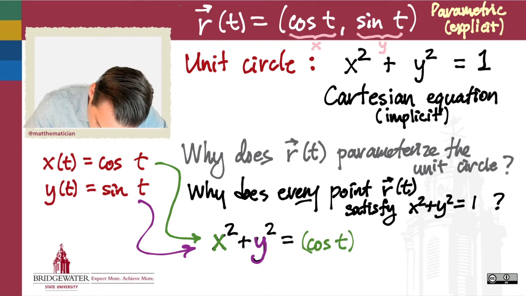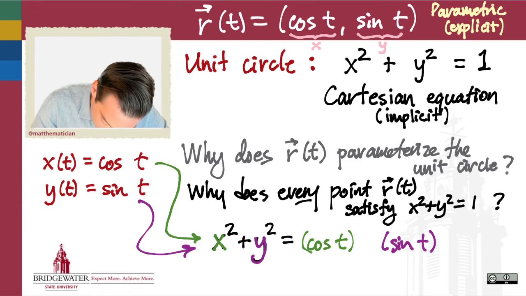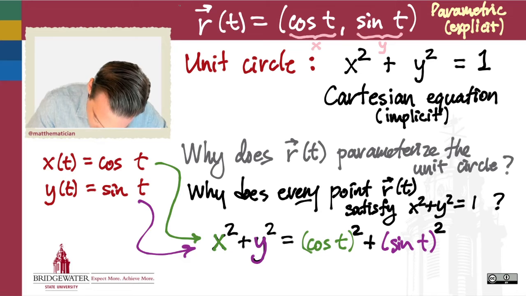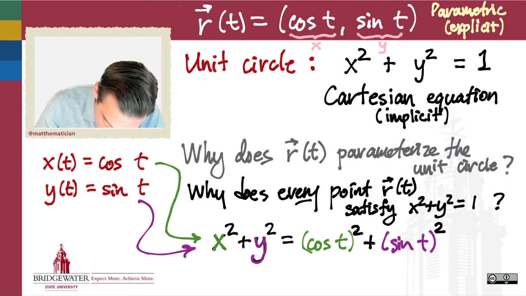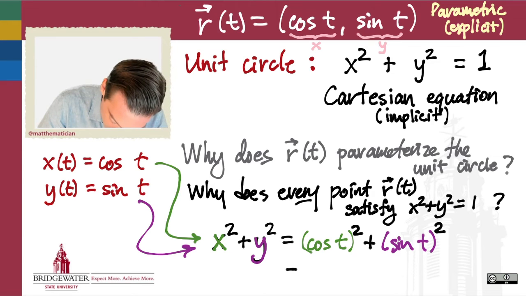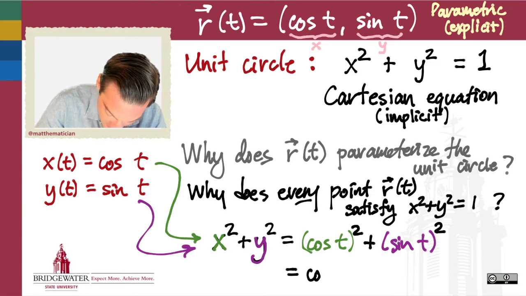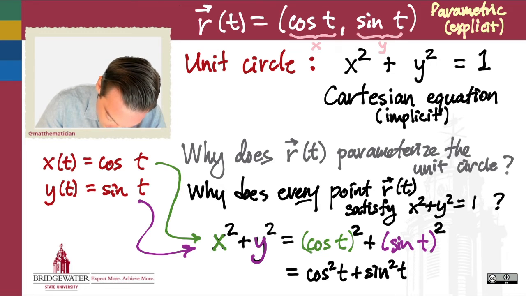And so x squared plus y squared, once we make that substitution, is cosine of t quantity squared plus the sine of t quantity squared. And what do I know about that expression? It's equal to 1. It's equal to 1 regardless of the value of t.